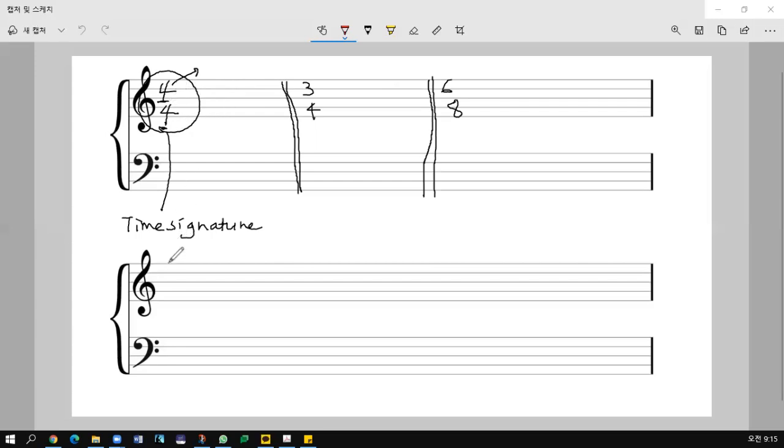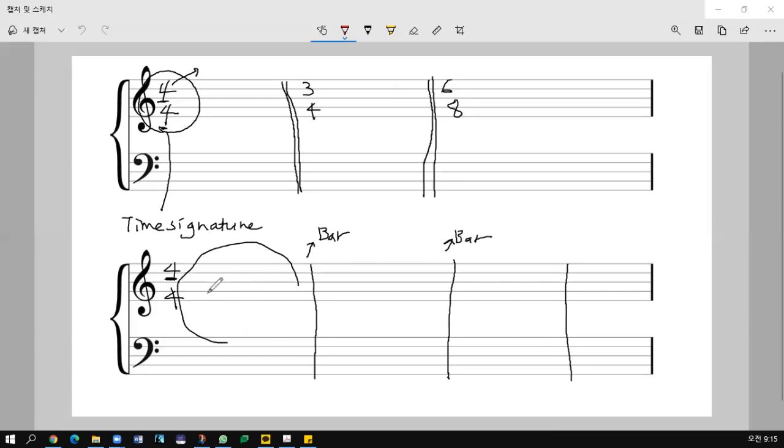So for example, 4/4 means the upper number is 4. We talked about this being a bar, and the bars create the measure, okay? So the upper number is 4, which means each measure we have 4 counts.